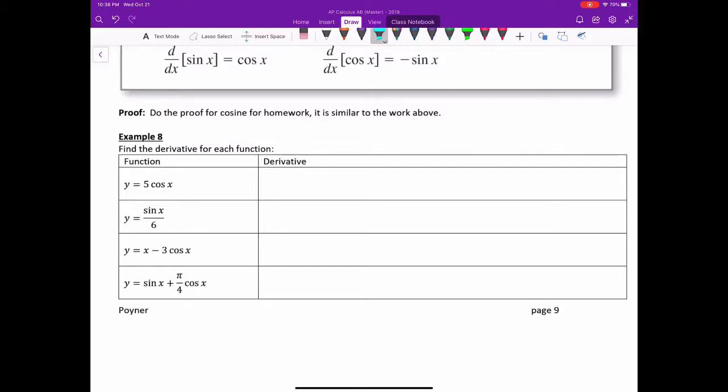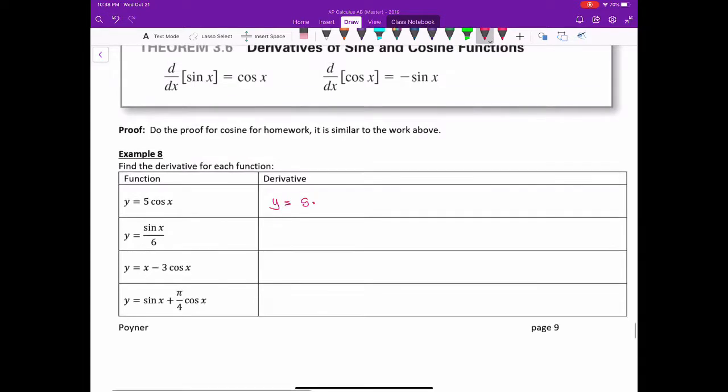So all you need to do is know the rule. And we have a constant multiplier for the first one, so we have y is equal to 5 times cosine of x. The derivative of cosine is negative sine, so y prime is equal to negative 5 sine of x.